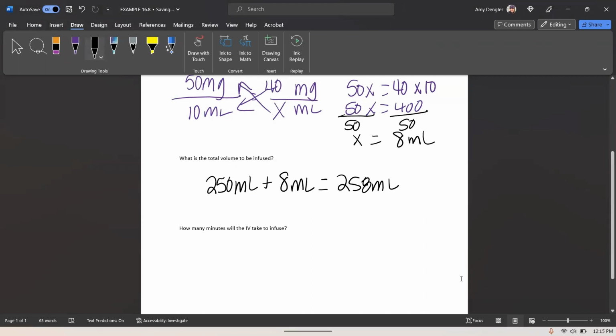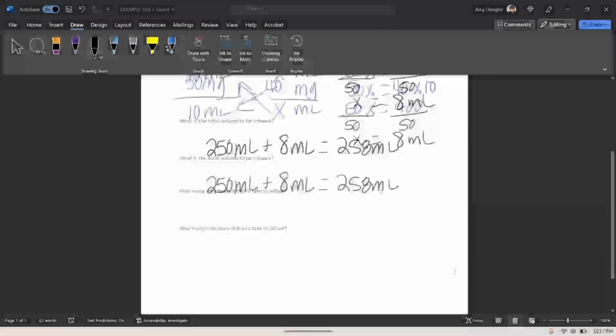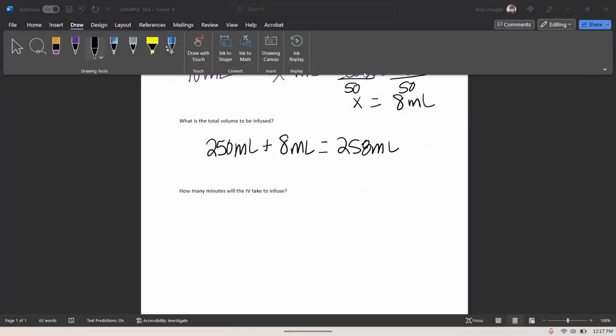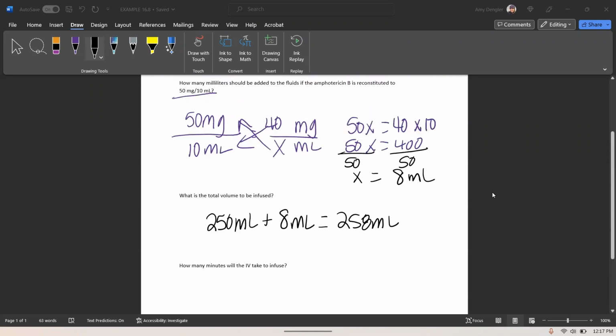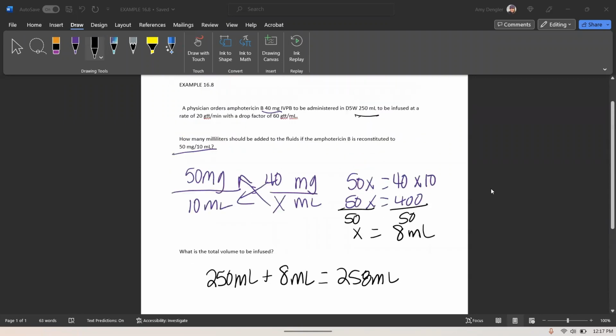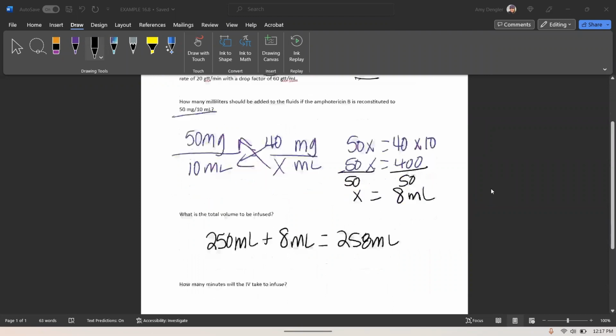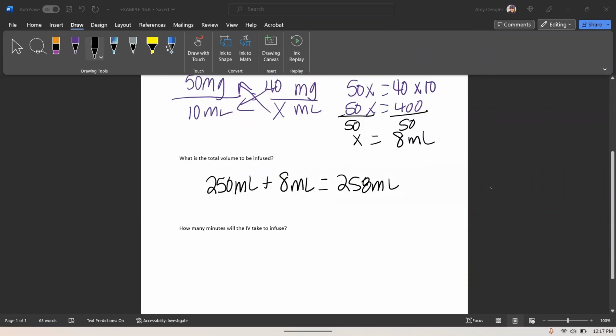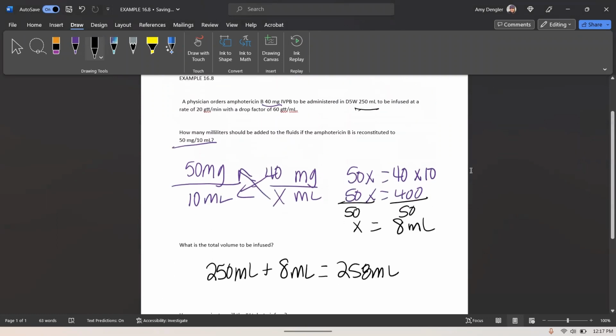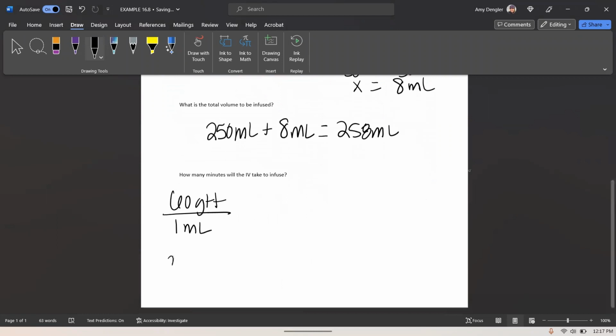How many minutes will it take the IV to infuse? So for this one, we need to do two proportions as well, just like we did in the last two examples, the 60 drops per ml, and also the 20 drops per minute.